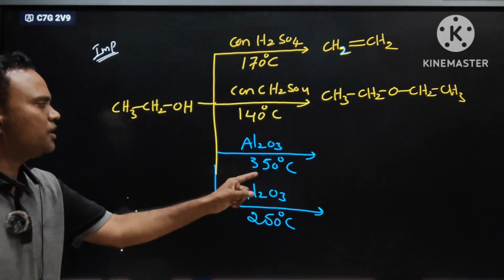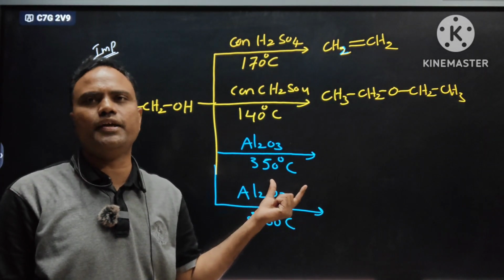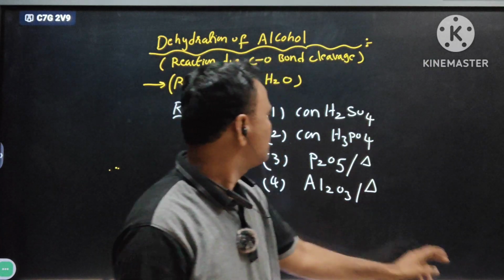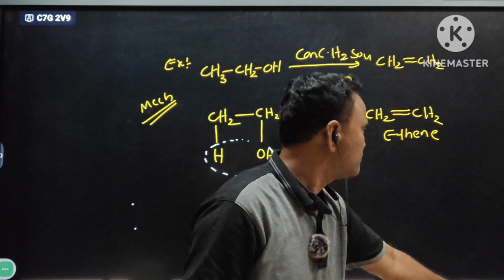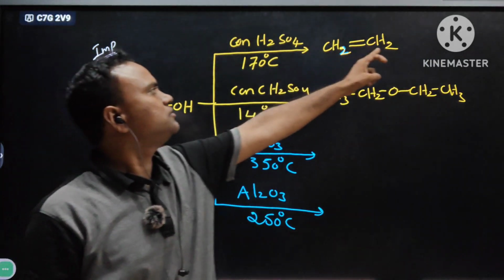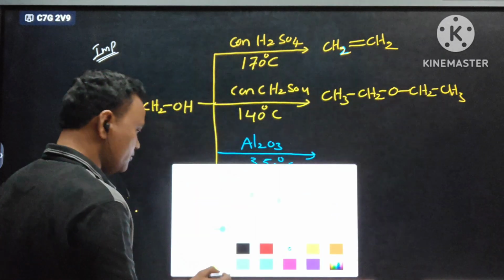Okay. Next, similarly, when ethanol is treated with Al2O3, Al2O3 is also a dehydrating agent. At 350 degrees centigrade, like here how ethene is formed, here also ethene is produced.